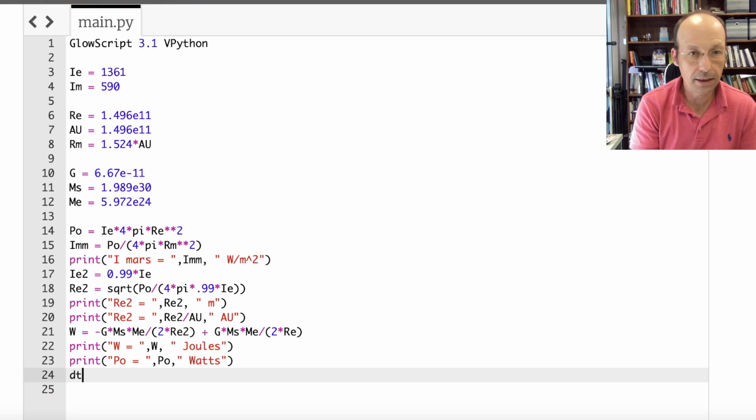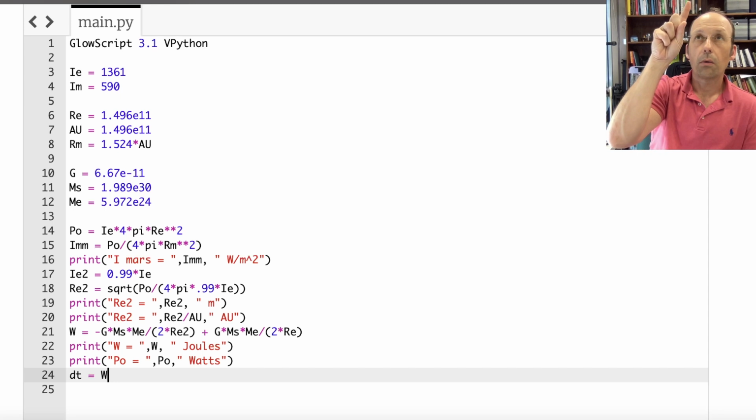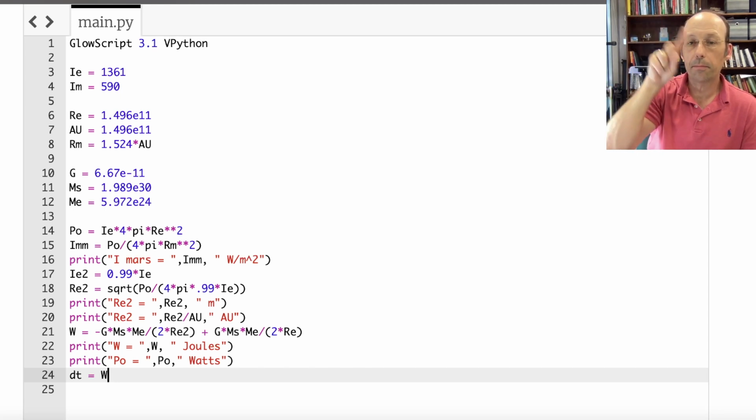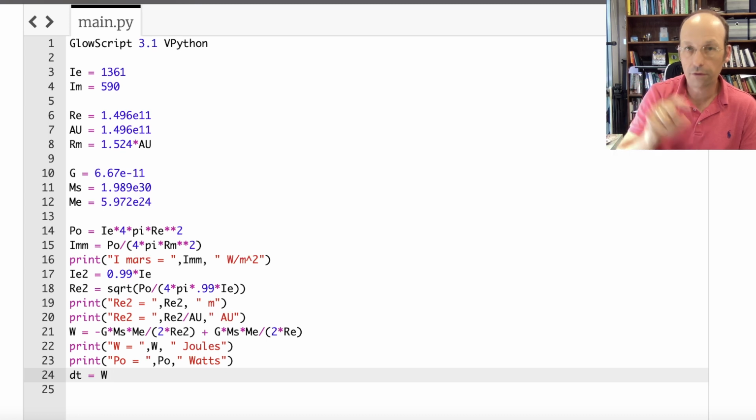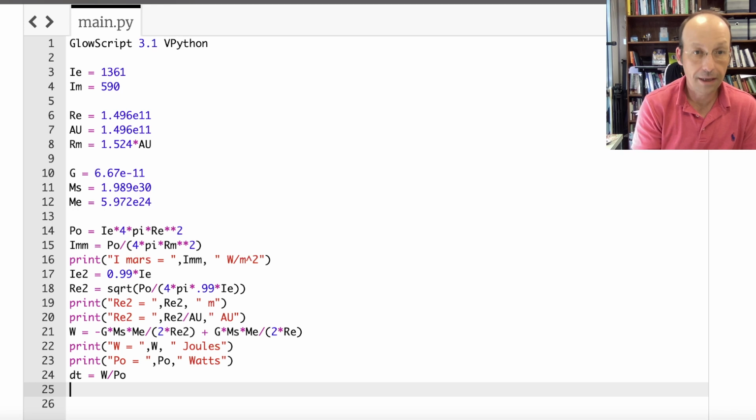I should have done this on paper. Power equals work divided by time, so time is work divided by power. That's in seconds. So print time equals dt seconds. Okay, let's run this.